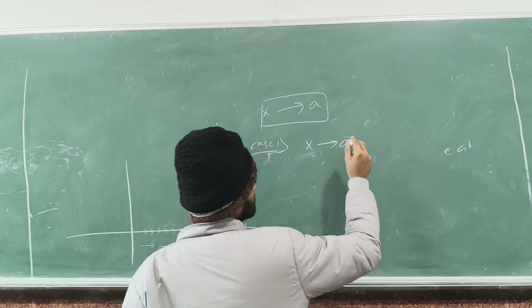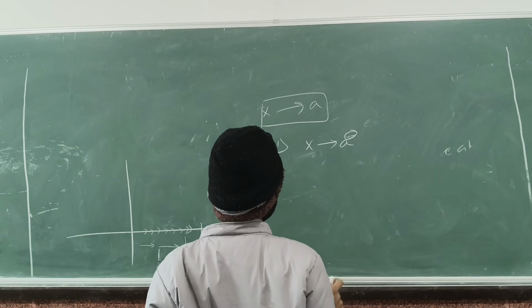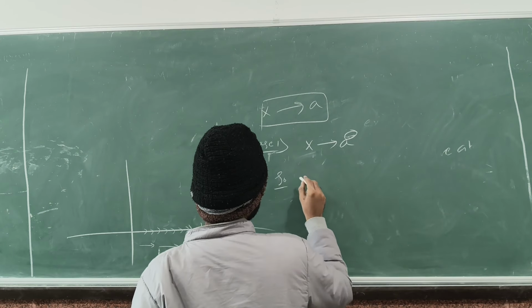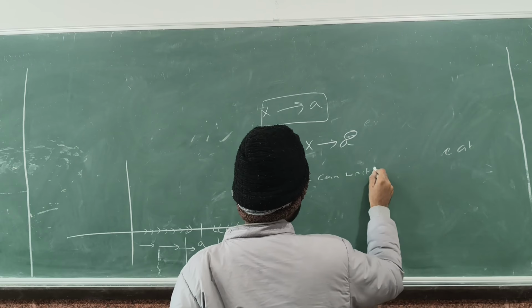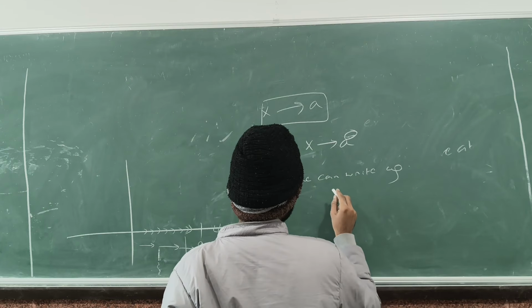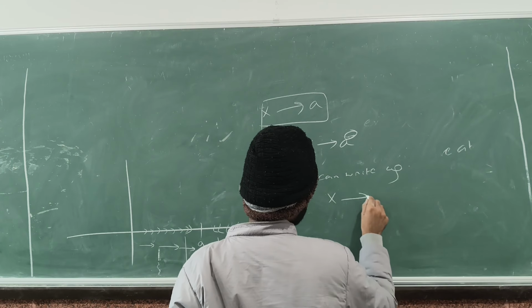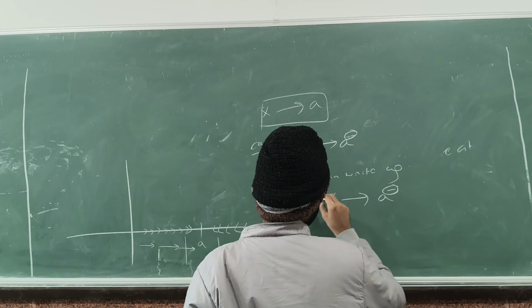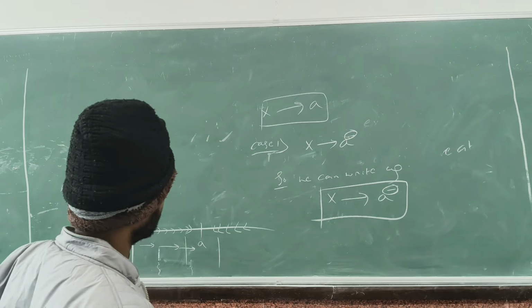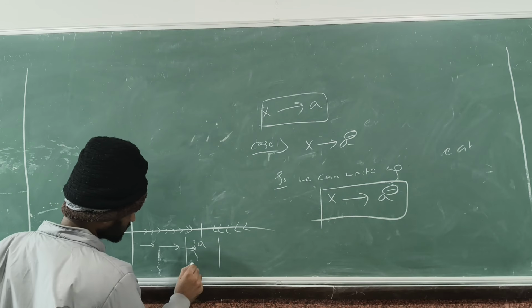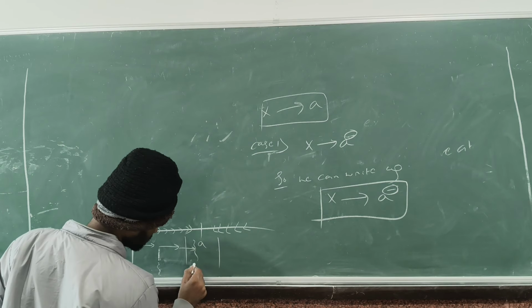We write x tending to A minus, or x approaches A minus. x is not exactly A but approaching towards A minus.